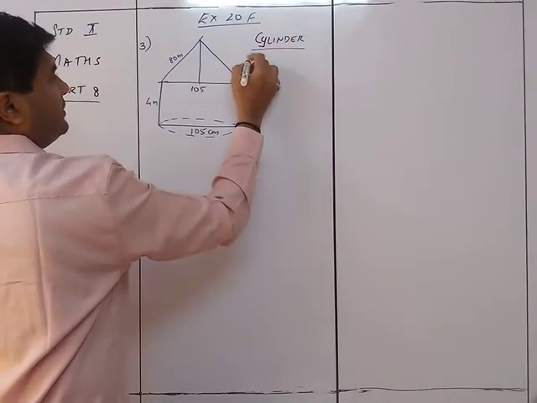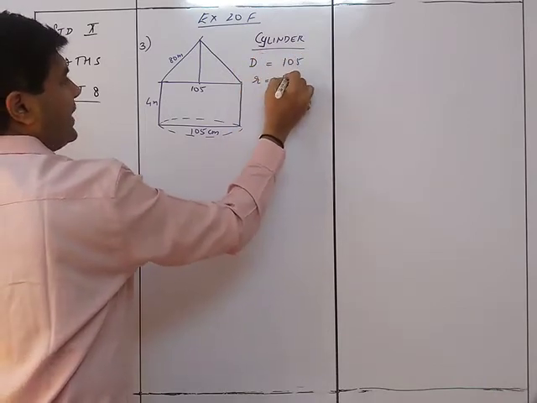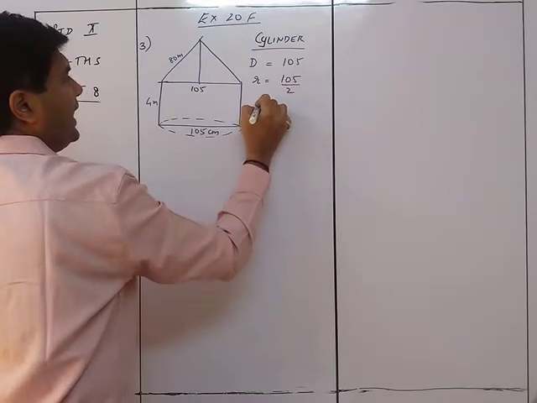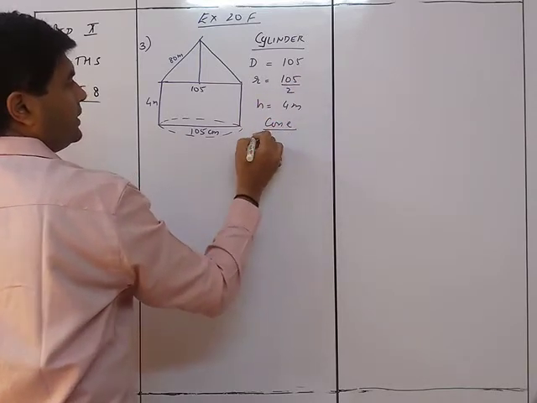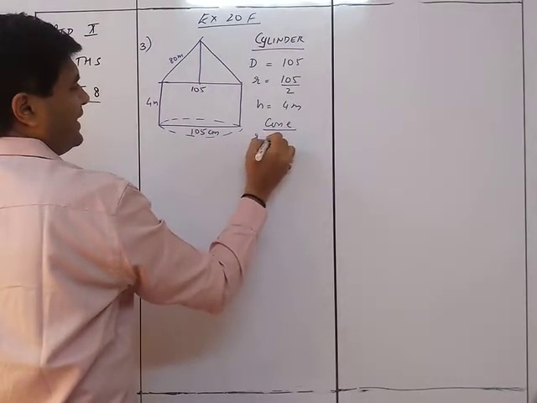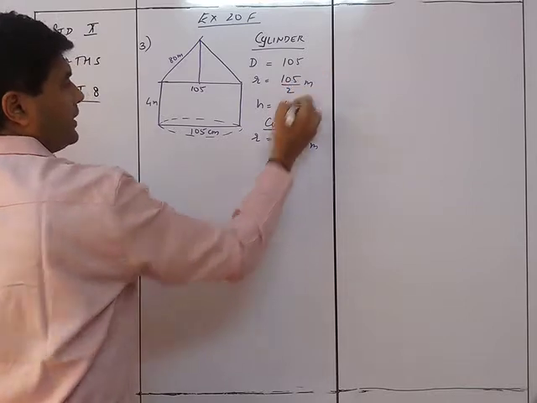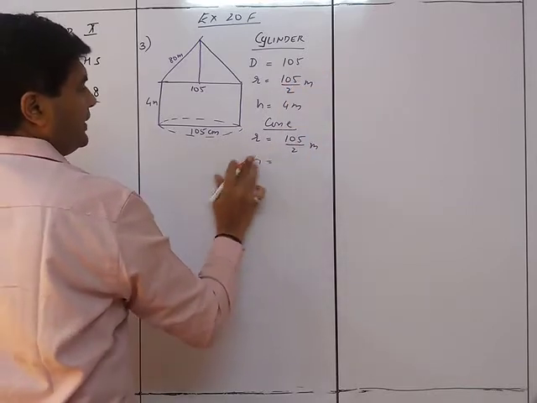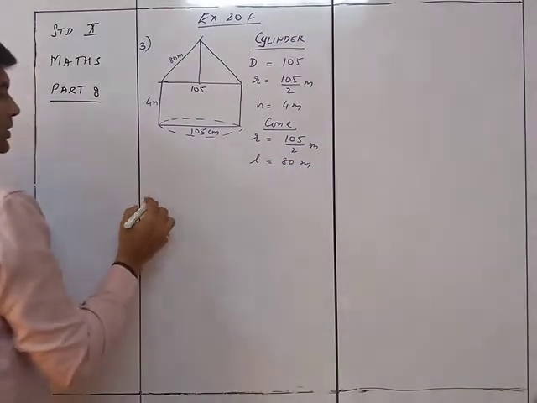In the cylinder we have the diameter equal to 105, so radius is equal to 105 upon 2. Height is equal to 4 meters. Of the cone, we have the diameter, or we can directly write radius equals to 105 upon 2 meters. And the height, no, not height, the slant height is 80 meters.